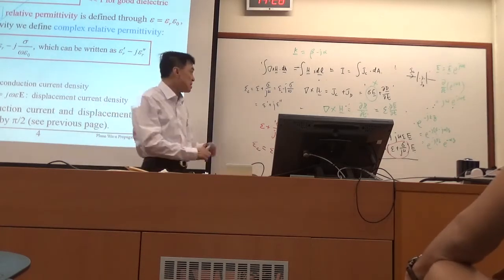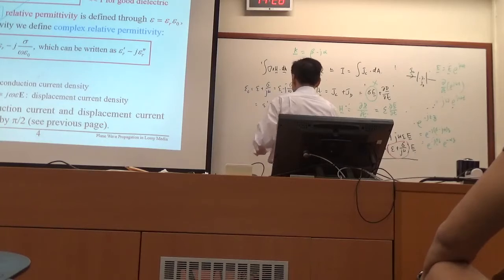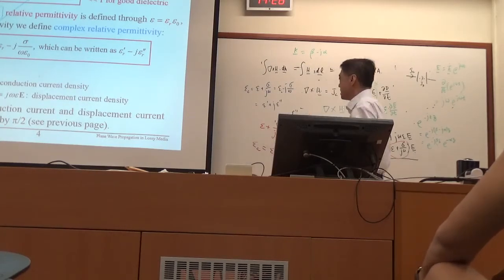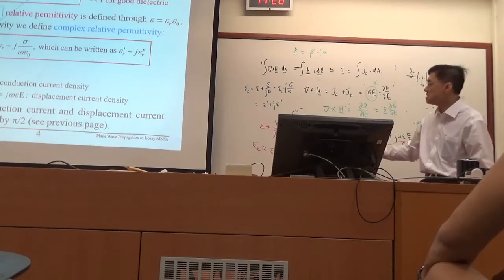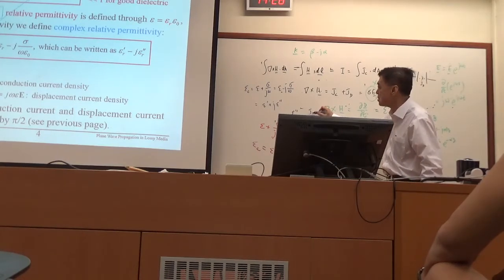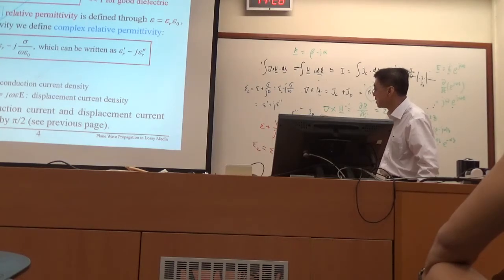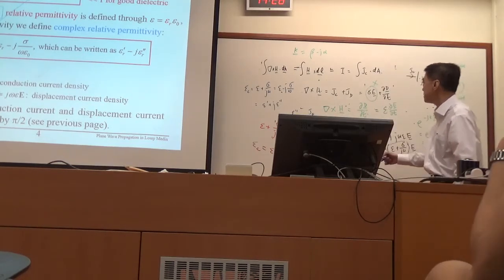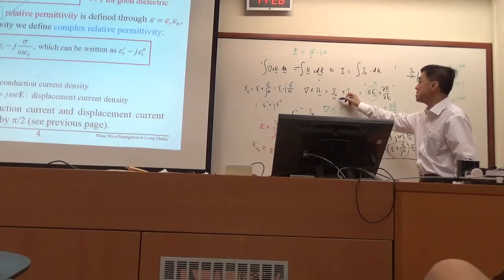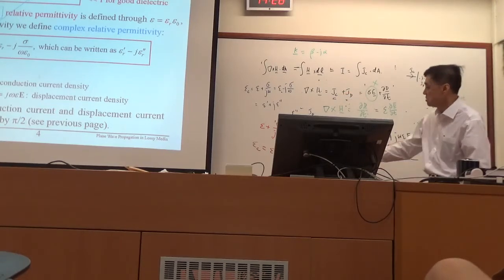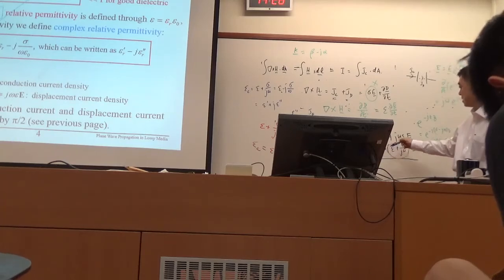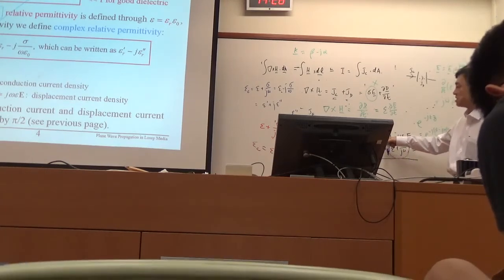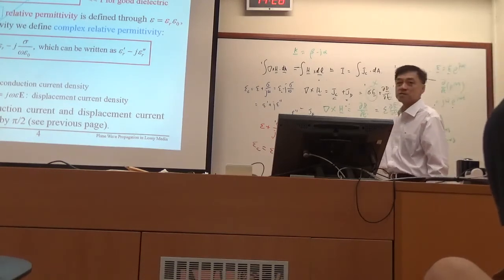What is this ratio between epsilon double prime and epsilon prime? By the way, can somebody tell me what it means? This is actually the ratio between the conduction current and displacement current, because this one here comes from the conduction current, and this one here comes from the displacement current.